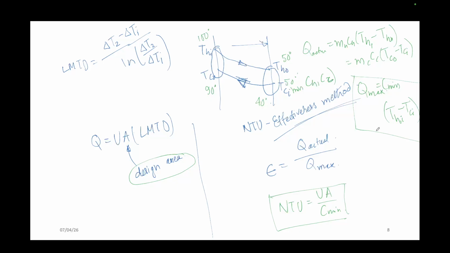LMTD is quite easy, but NTU method is slightly complex because the formula of NTU changes. Like I have written NTU equal to UA by C min. For different heat exchangers, different NTU formulas are there. So that's why this is different, but the LMTD method is the same for everyone. So that's why I'm asking this question.